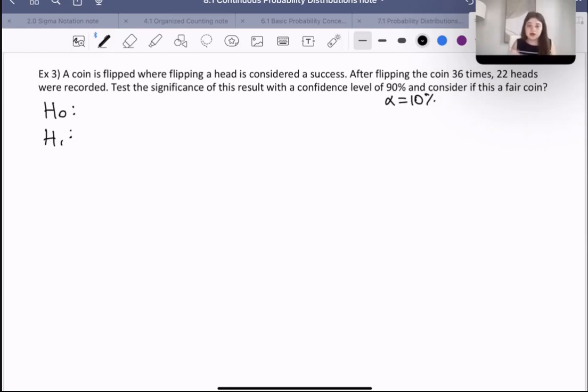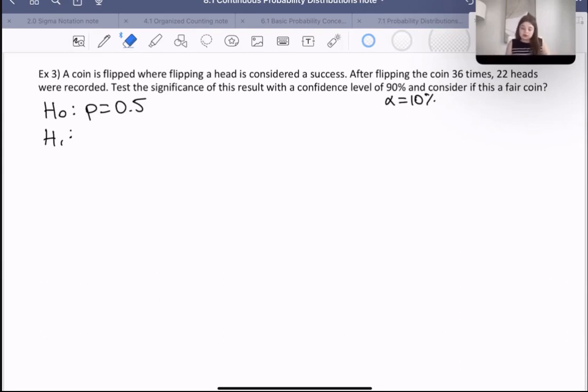So our null hypothesis is that the probability is 0.5, right? That's what we're expecting. However, after flipping 36 coins, we got 22 heads, whereas we were expecting to only get 18, right? If the probability of getting a head once is a half, we'd expect 18 of the flips to be heads and 18 to be tails.